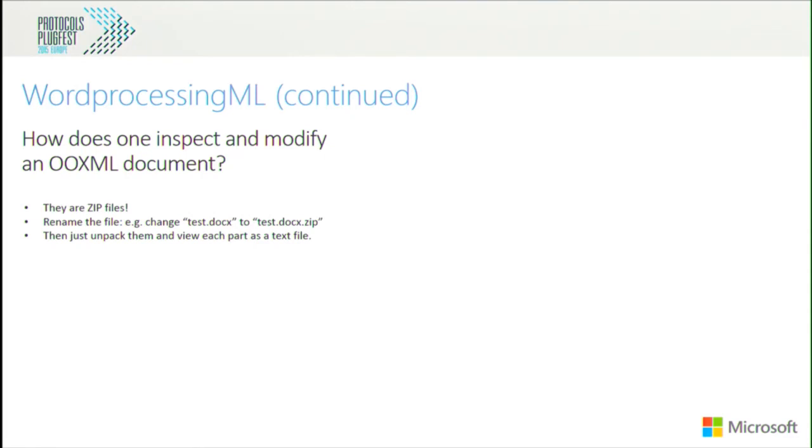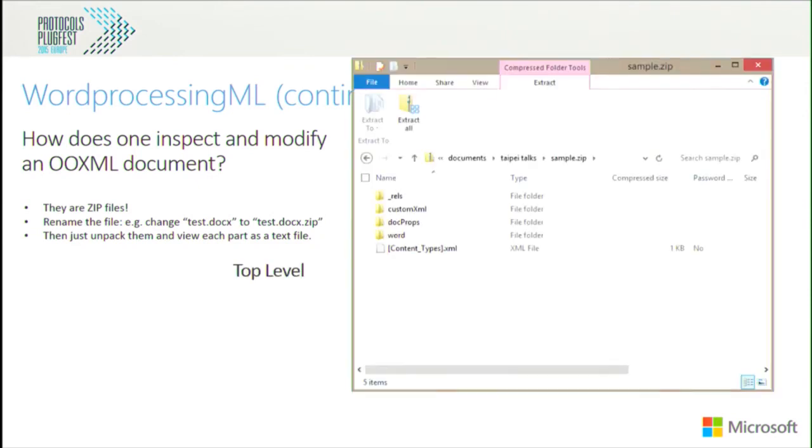And then you'll see the full file structure. And here's an example. I have a sample file called sample.docx, and I renamed it to sample.zip. And now you see the top level folder, and this is typically what you'll see in any of these markup languages.